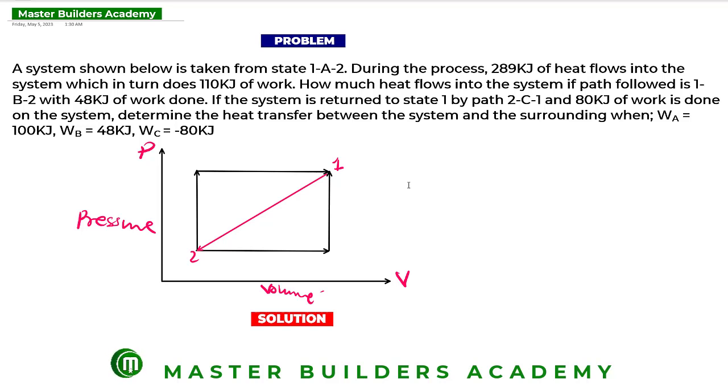And then if the system is returned to state 1 by path 2 to C to 1, and 80 kilojoules of work is done on the system, determine the heat transfer between the system and the surrounding, when the work done on process A is given as this, that of process B is given as this, and that of process C is given as shown. Okay, so it's very, very simple, as you can see.